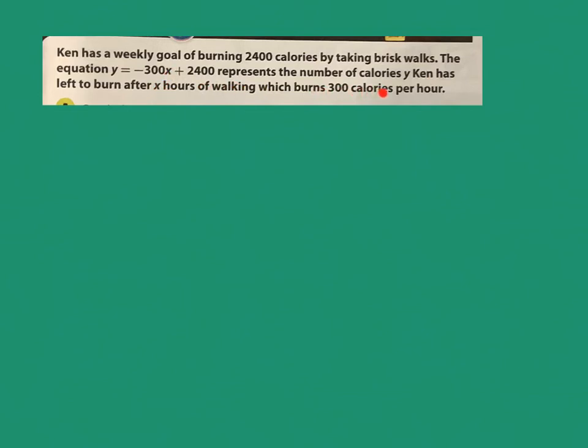He burns 300 calories per hour. 300 calories is being lost, negative 300 per hour. So his goal is to reach this amount. How many hours would it take for him if he's taking 300 away as we go? 300 for every hour. So this equation can help us find that.